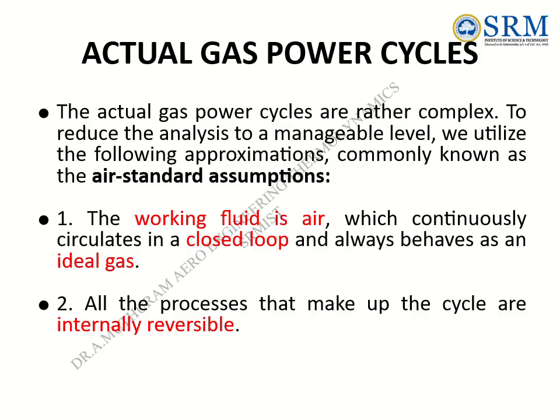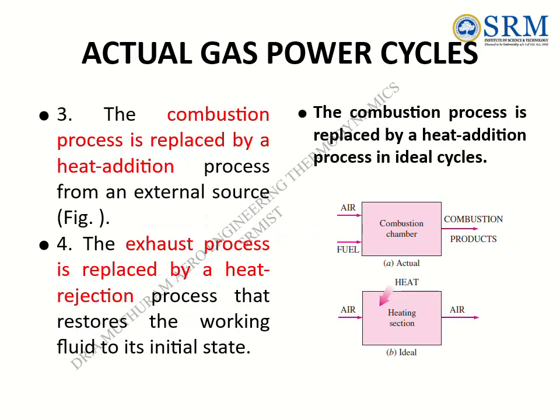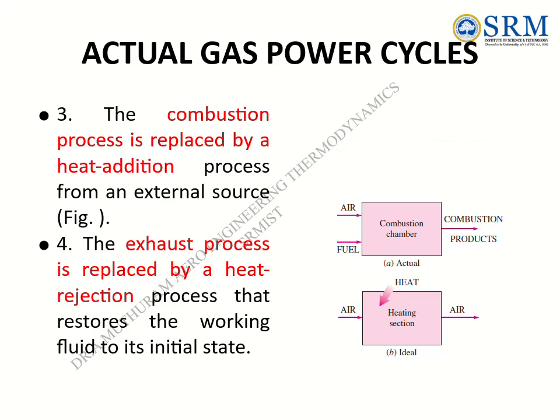1. The working fluid is air, which continuously circulates in a closed loop and always behaves as an ideal gas. 2. All the processes that make up the cycle are internally reversible. 3. The combustion process is replaced by a heat addition process from an external source. 4. The exhaust process is replaced by a heat rejection process that restores the working fluid to its initial state.